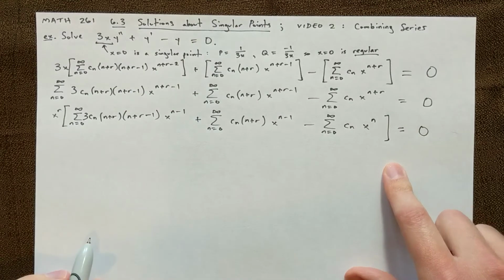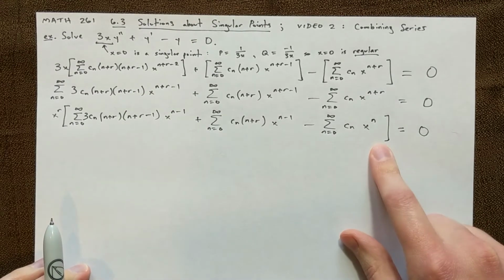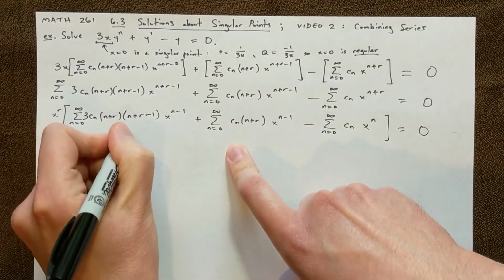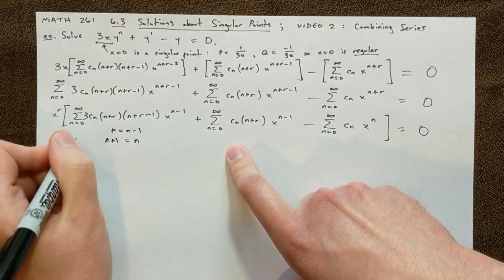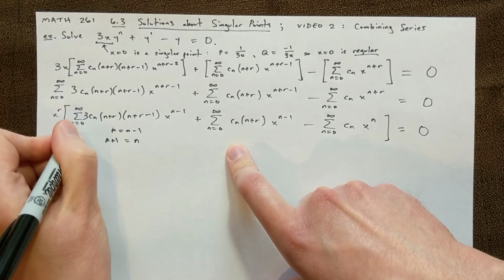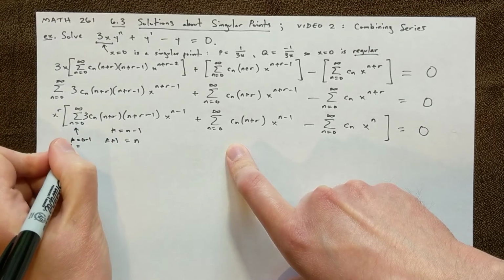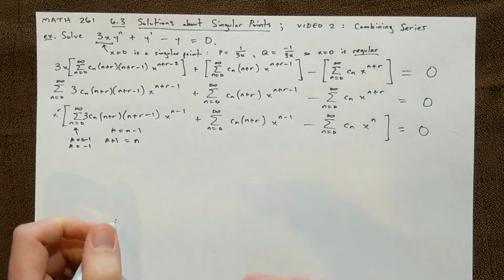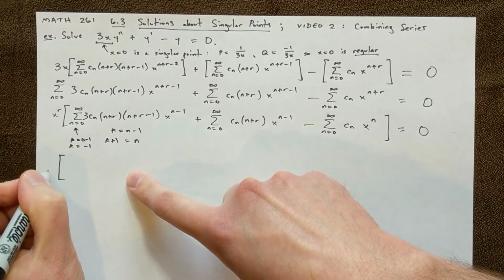It doesn't really matter. Okay, now we do the same thing we normally do, which is let k be the exponent. So in this case, k is equal to n minus 1, which would mean n is k plus 1. And when n is 0, we're going to end up turning that into k is 0 minus 1, or k is negative 1. So we're actually allowed to start at a negative number. That's allowed. So I guess that'll be our starting point for the first series.